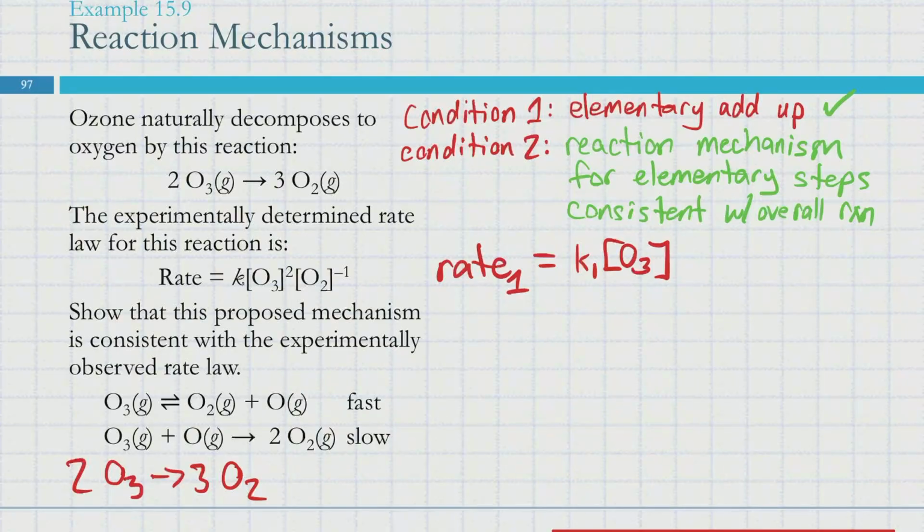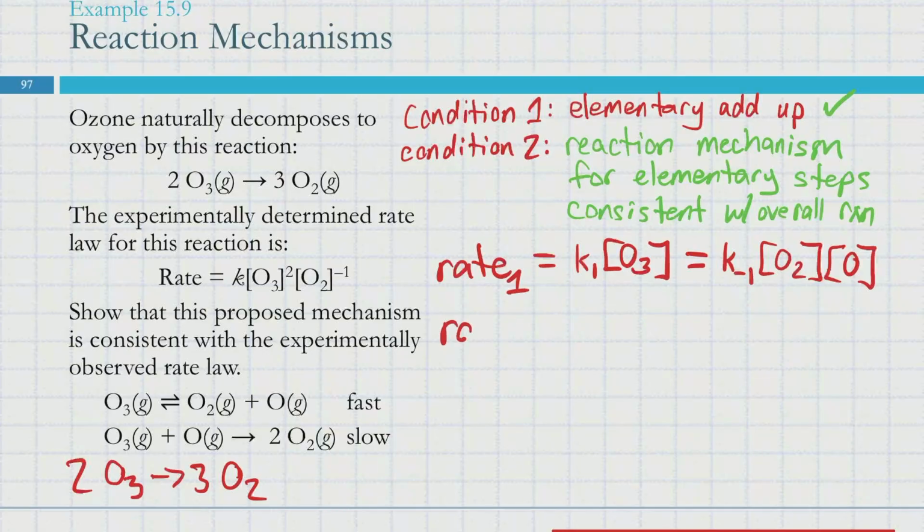It's just splitting in pieces, and it produces O2 and O. And we very importantly have that at equilibrium, and so we can write that these two rates are equal. So K minus 1, that's the reverse reaction. We get our O2, we get our atomic oxygen. So that's our rates for step 1.